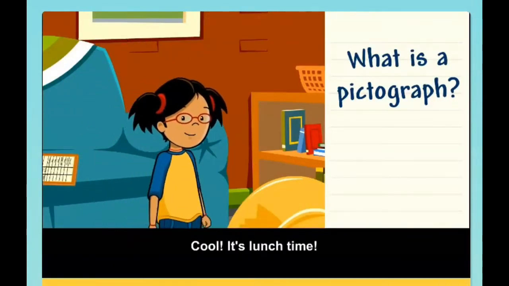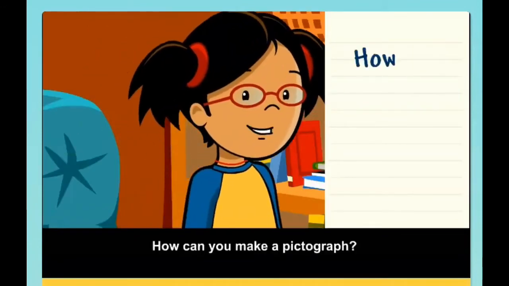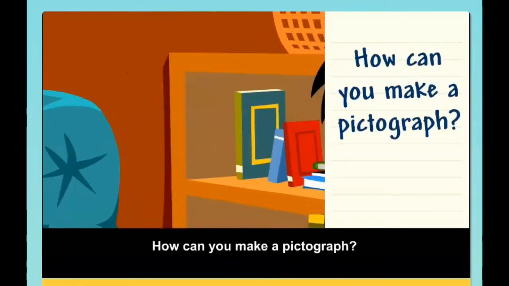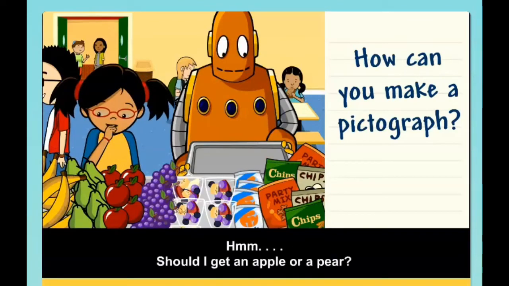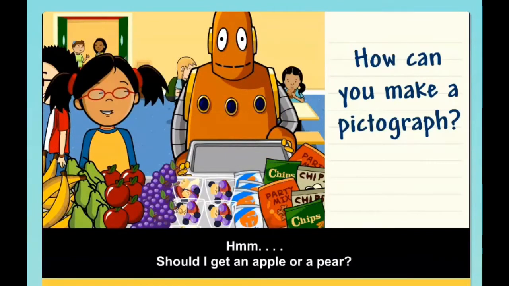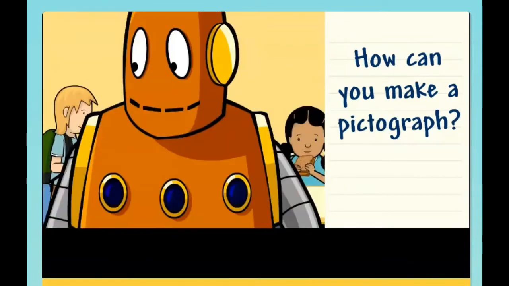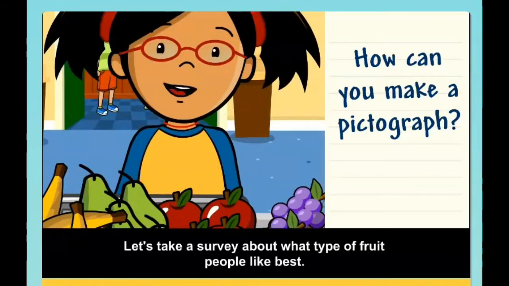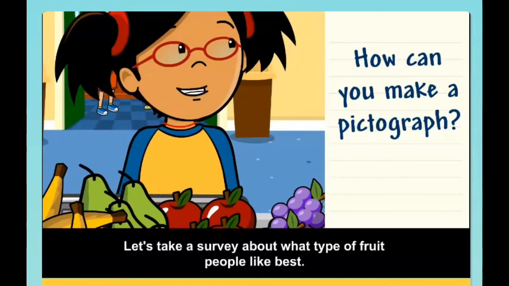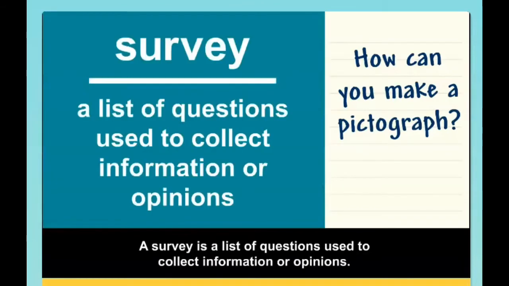Cool, it's lunchtime. How can you make a pictograph? I'm starving. Should I get an apple or a pear? Which fruit do you like best? Let's take a survey about what type of fruit people like best. A survey is a list of questions used to collect information or opinions.